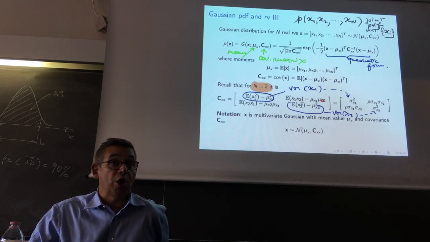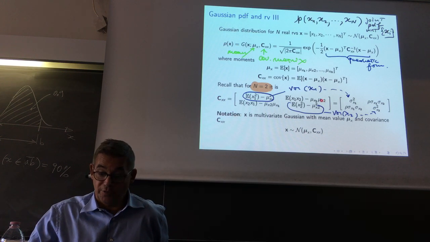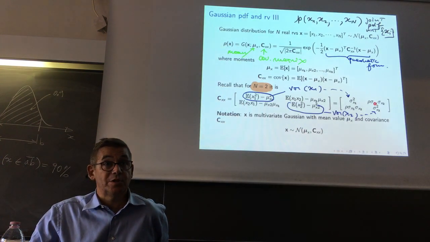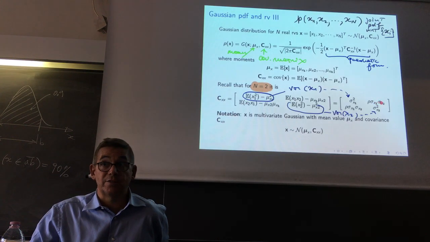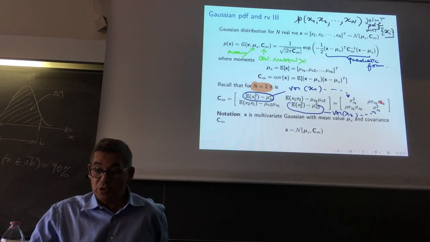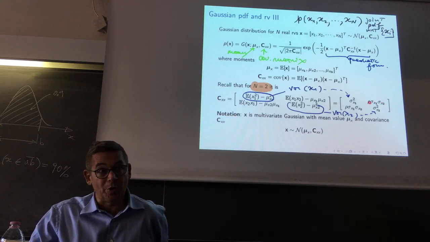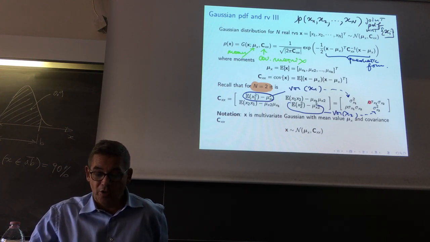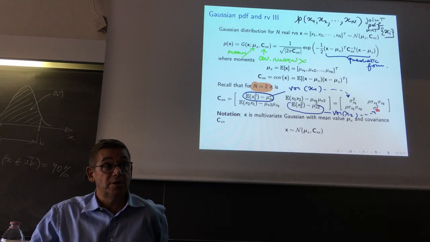According to the definition of a correlation coefficient, this is the correlation coefficient rho multiplied by the square root of the variances, which is the standard deviation on x1 and the standard deviation on x2. So if rho is equal to 0, this covariance matrix becomes diagonal. Interesting.